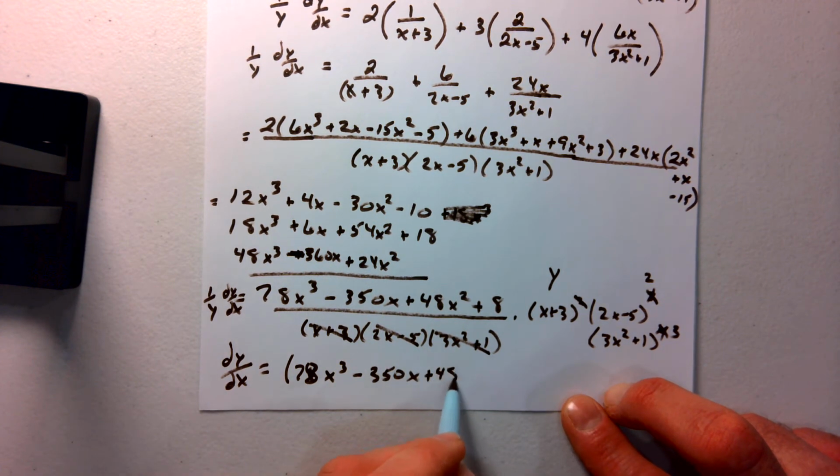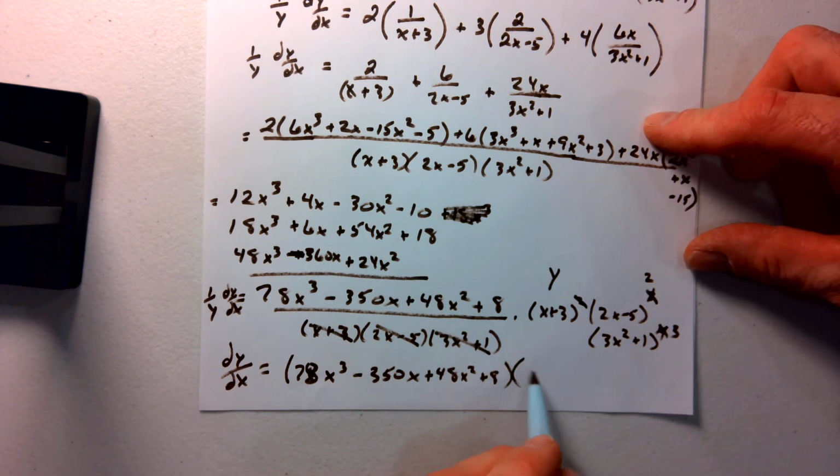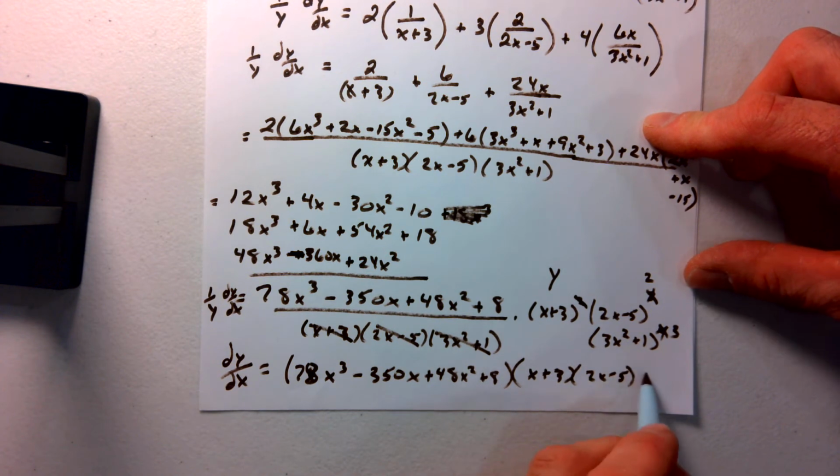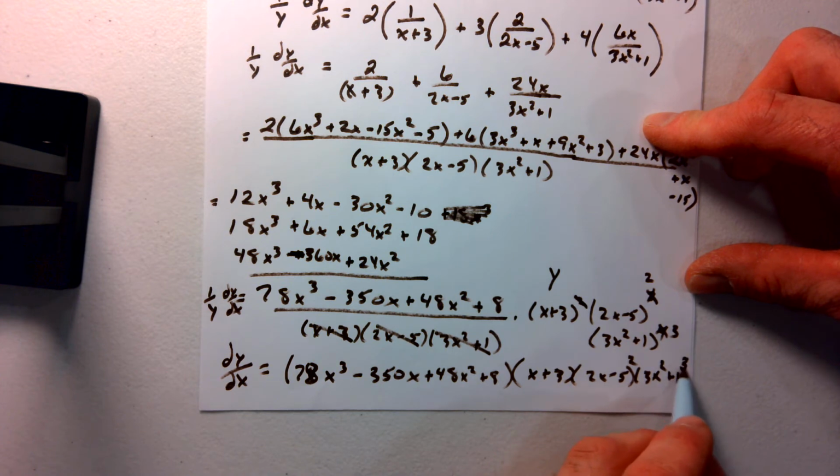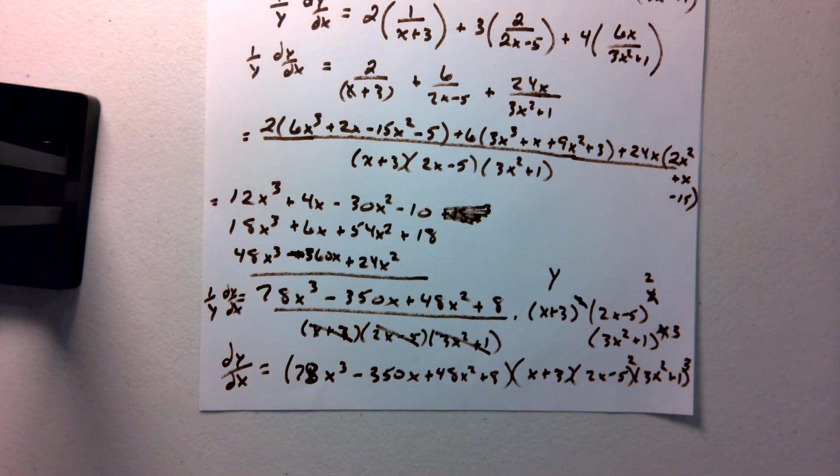I guess I probably should have put those in descending order, but I'm not going to go back and do that. You can if you want. x plus 3, 2x minus 5, and 3x squared plus 1 to the third. We could, if we want, multiply all this out, but I'm not going to make you do that. We're going to leave it just like that, and that'll be our final answer.